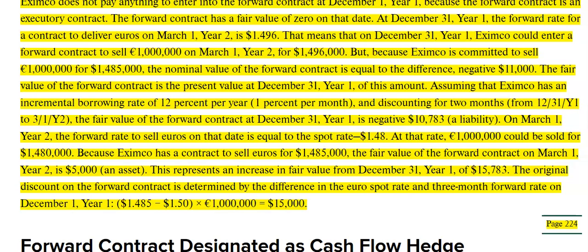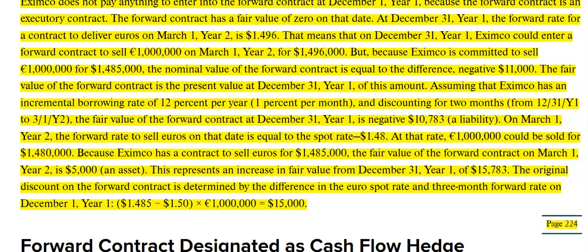At December 31, year 1, the forward rate for a contract to deliver euros on March 1, year 2, is $1.496. That means that on December 31, year 1, X&Co could enter a forward contract to sell 1 million euros on March 1, year 2, for $1,496,000.